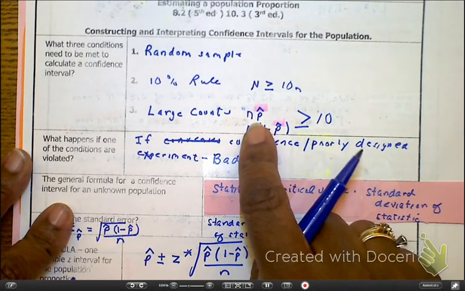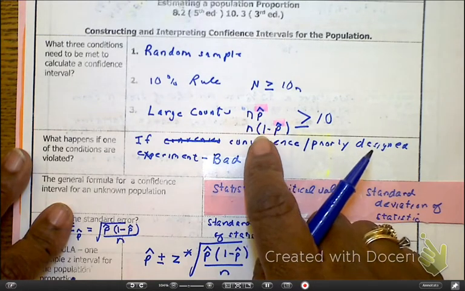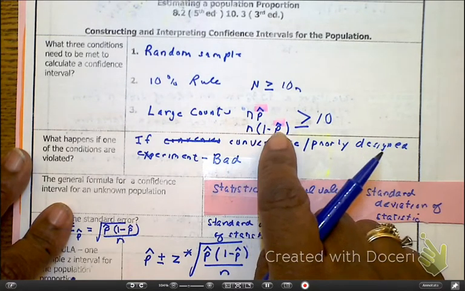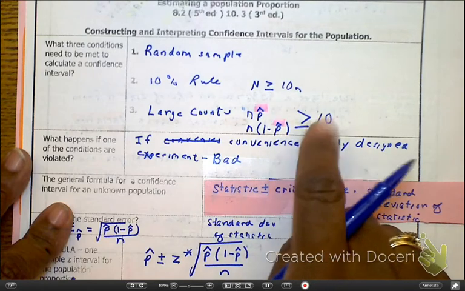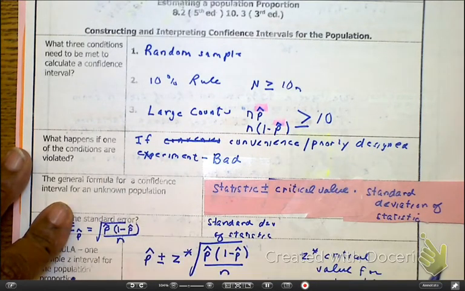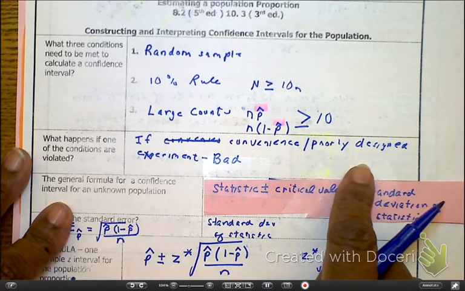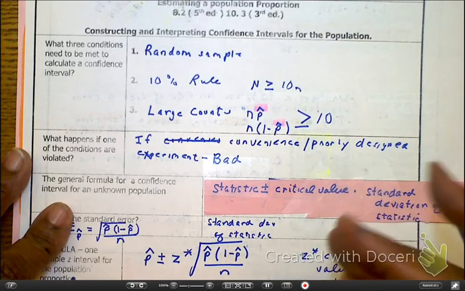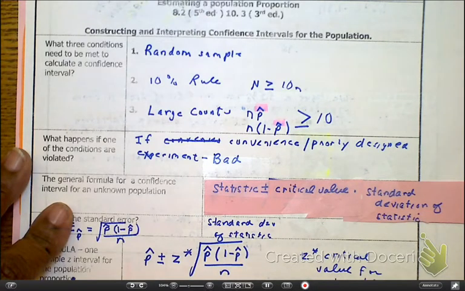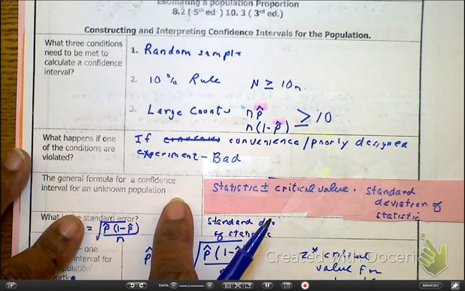So it is going to be n times the sample proportion, n times 1 minus the sample proportion, still being greater than or equal to 10. What happens if you violate it? Well, if you violate it, it's just a bunch of nothing. If you're convenience sampling or if it's a poorly designed experiment, why did you do it in the first place?